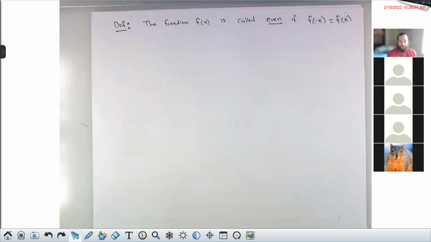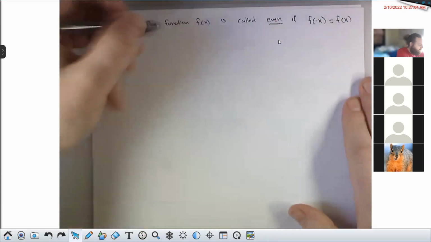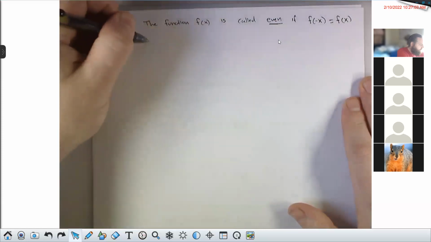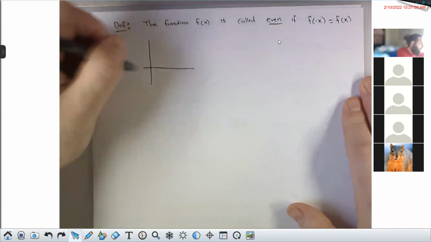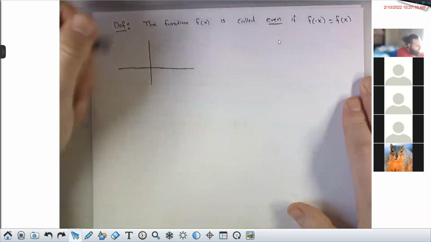And as a consequence of this, there is a geometric fact that even functions, their graphs have a certain symmetry.